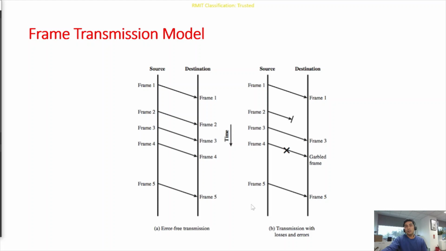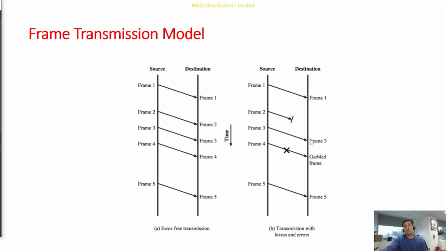However, in the figure on the right, the source sends frame 1 to the destination and it is well received by the destination. Source again sends frame 2. This frame is never received by the destination. It is lost on the way. Source sends frame 3.